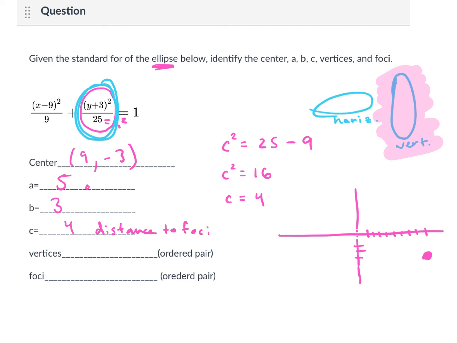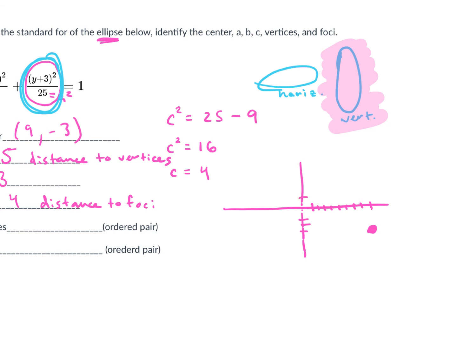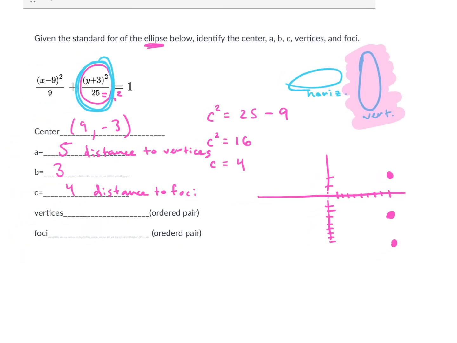It's a, the distance to the vertices. So we're going to go up 5, and we go down 5. So our 2 points for our vertices are what? 9, -8, and 9, 2. Perfect.